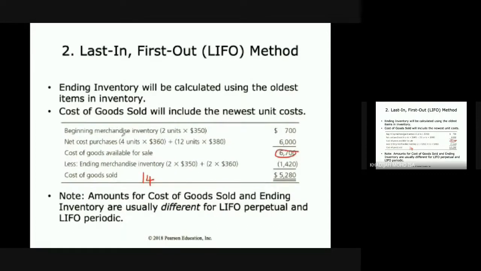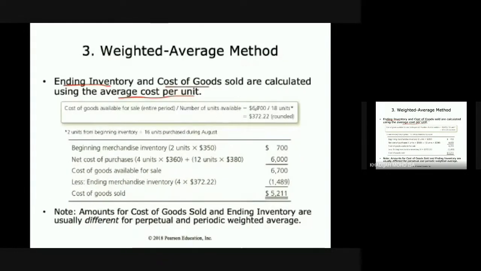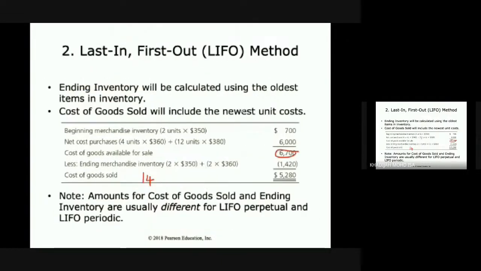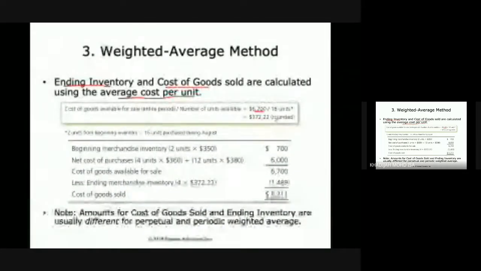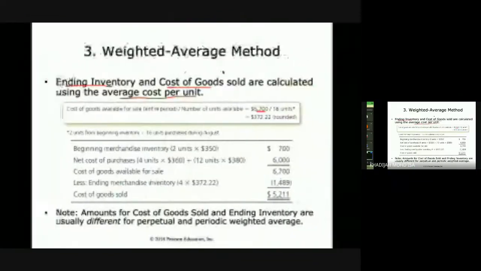So your goods available for sale is 6,700 ringgit, for how many units? This one is 4, 12, and 2, so that is 18 units. So you get the average cost: 6,700, the total goods available for sale, divided by 18 units, which gives you 372.22.